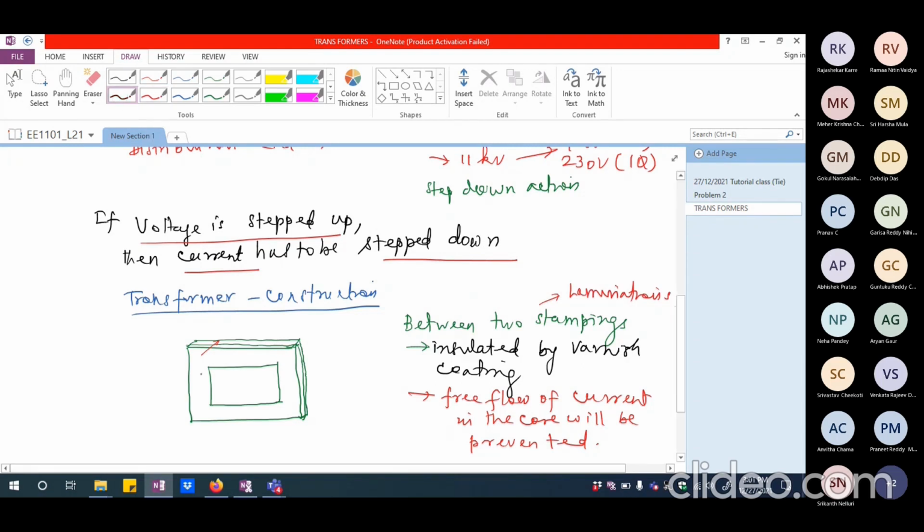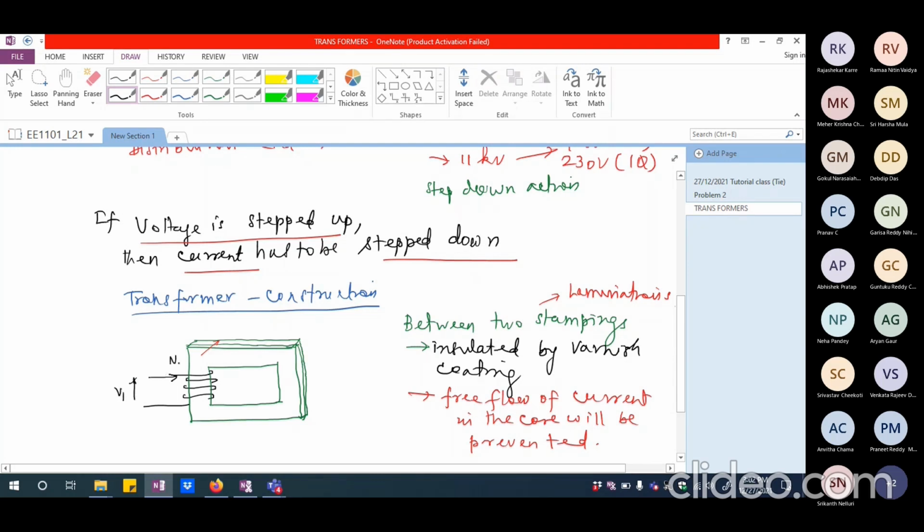Now inside this core, around this core, you are going to have the windings wound like this. So you are going to have the windings going around like this, and then that is taken out here. So this is going to be, let us say, the primary winding, and I'm going to apply a voltage of V1 here.